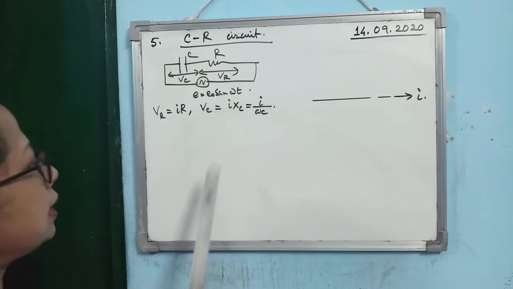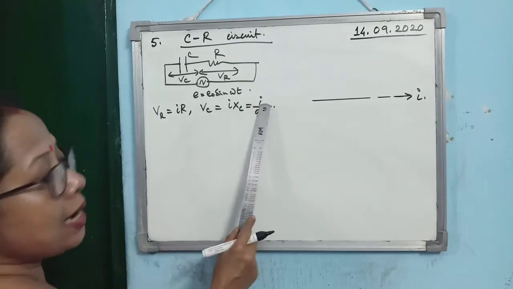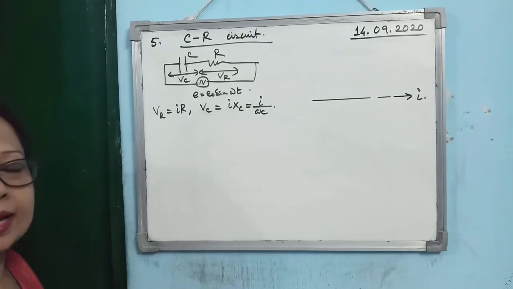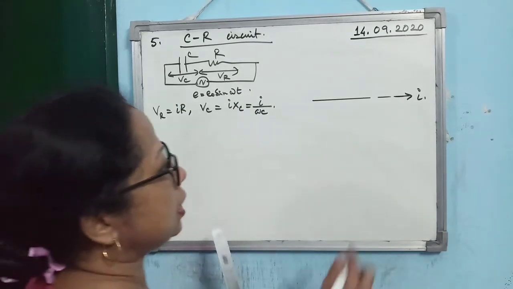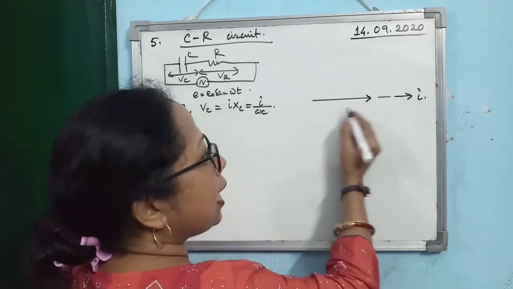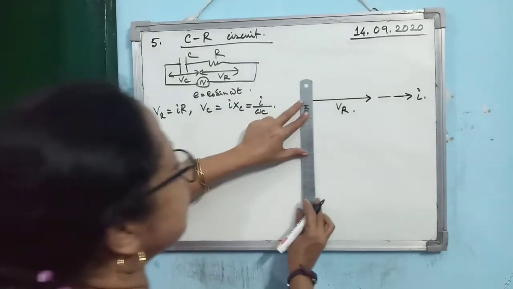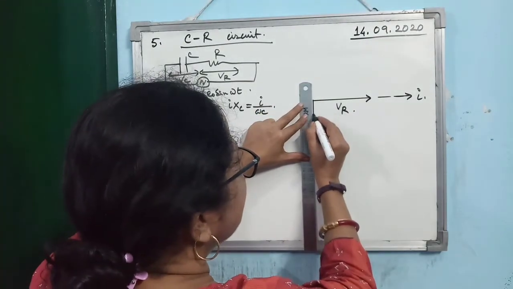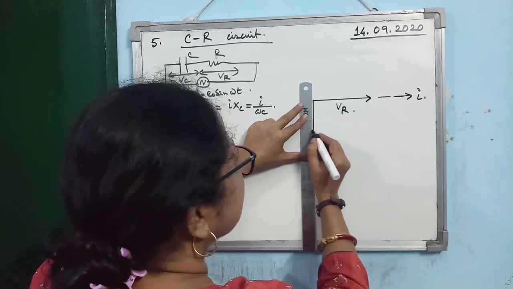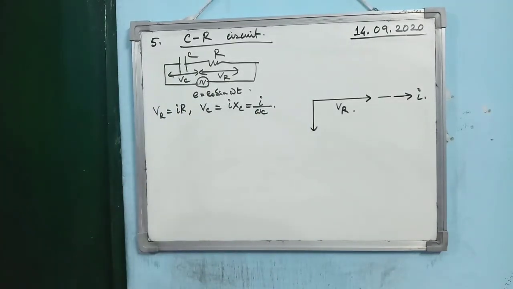What are the phase relations? I and VR, they are in phase, but I leads VC by an angle pi by 2. So you see, if you draw the diagram that this is the direction of the current I, then this will be the direction of VR. But as I said, I leads VC by an angle pi by 2.